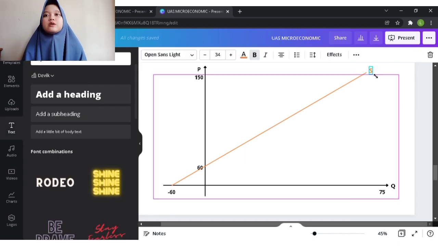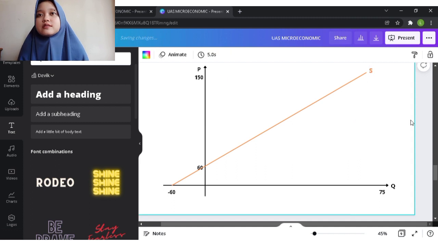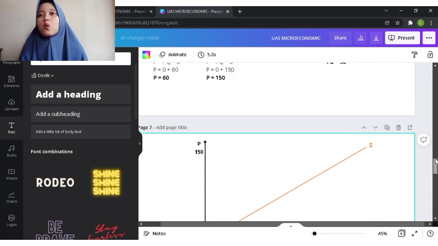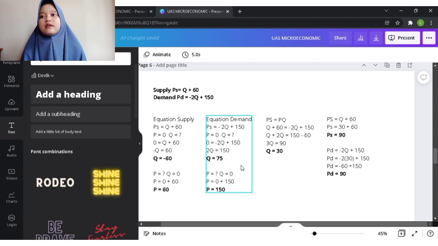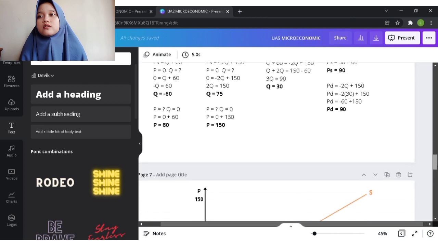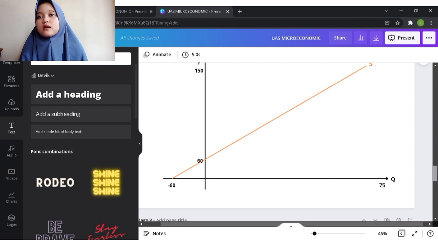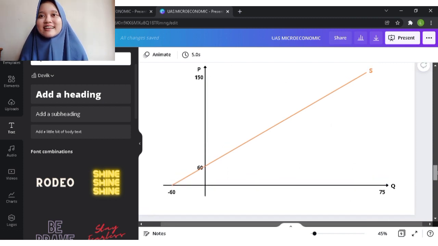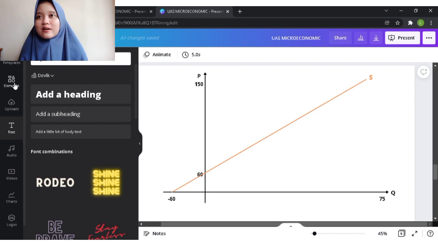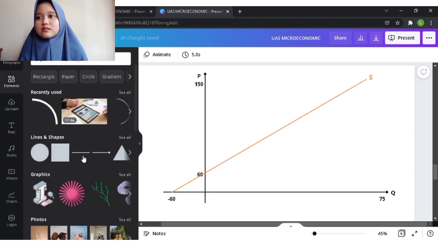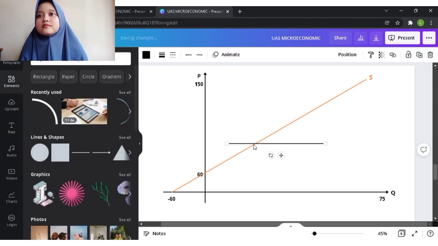From the demand equation, we get K is 75 and P is 150. So from the left up to the right down.